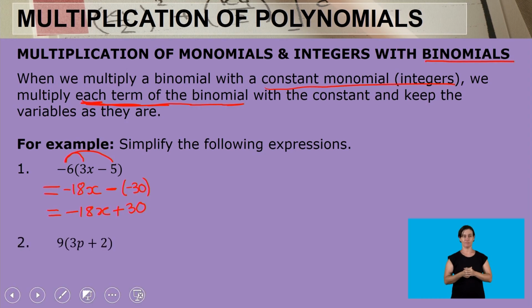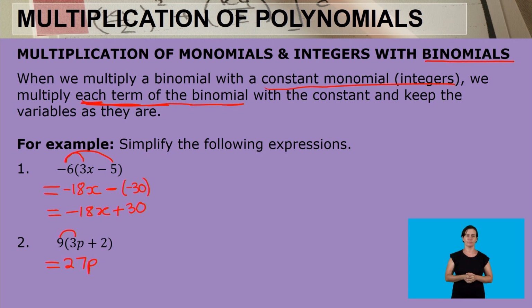So now we have a 9 multiplied by the binomial, which is 3p plus 2. So we are going to now say the 9 multiplied by 3, that is going to give us 27. So 9 multiplied by 3 is 27. And of course, we have that variable p, and we are going to write it as it is.